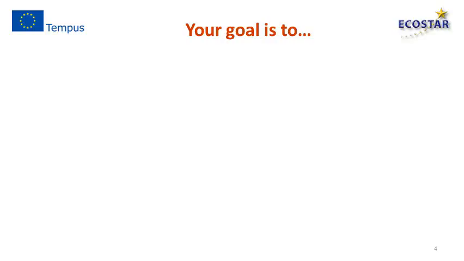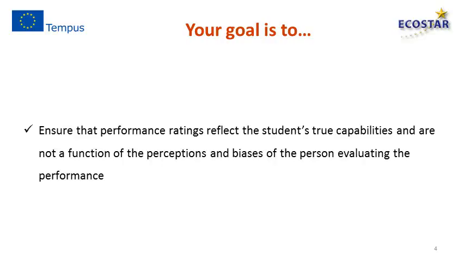Your goal in this process is to ensure that performance ratings reflect the student's true capabilities and are not a function of the perceptions and biases of the person evaluating the performance. Now, don't get me wrong, everybody has perceptions and biases, no matter how expert and professional they are, but you're striving to make what is essentially a subjective process as objective as possible.